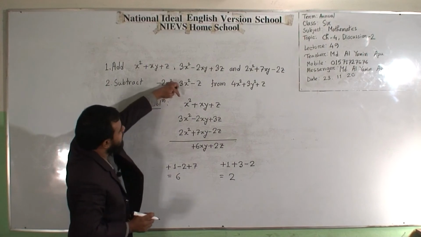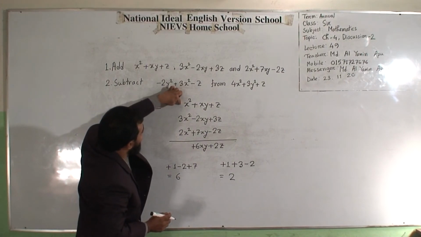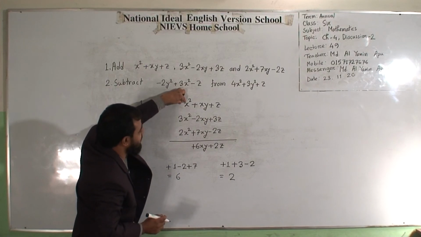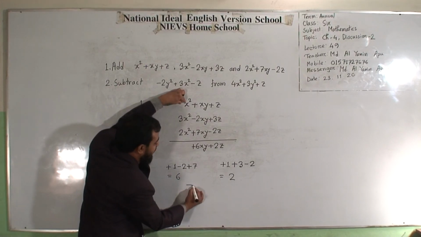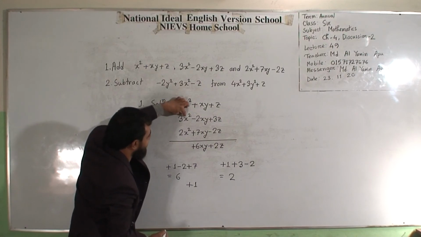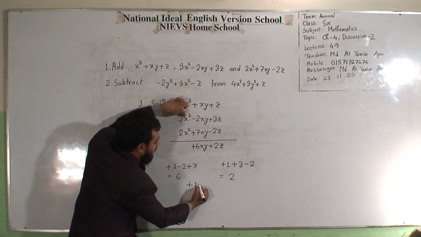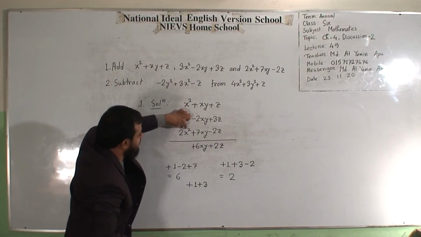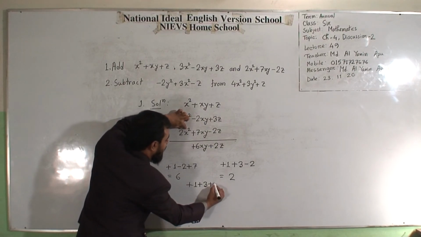Now the last one. This x square has no sign, that means plus sign is here. So x square has plus 1 as coefficient. So our first numeral will be plus 1. Then the second x square has plus 3 as coefficient of x square. So our second numeral will be plus 3. The third x square has plus 2 as coefficient. That is why plus 2 will be our third numeral.